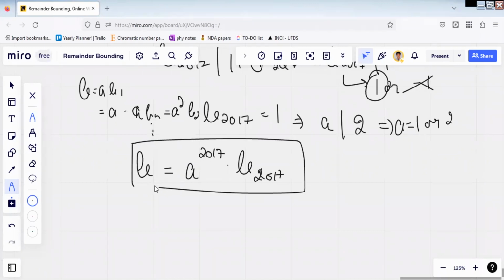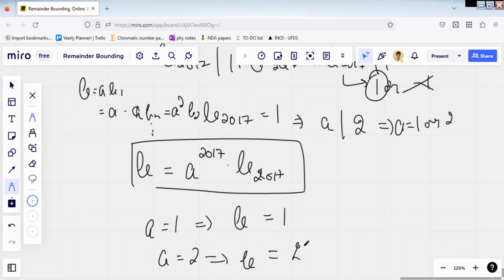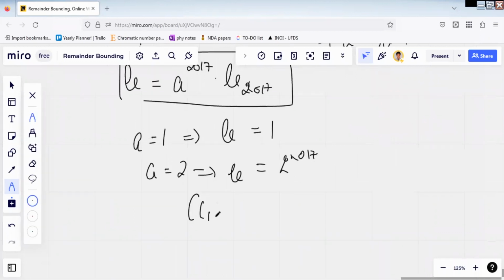So now A equals 1 implies B equals 1, and A equals 2 implies B equals 2 to the power 2017. So the two solutions are (1, 1) and (2, 2 to the power 2017). So is the problem clear? Yeah, nice.